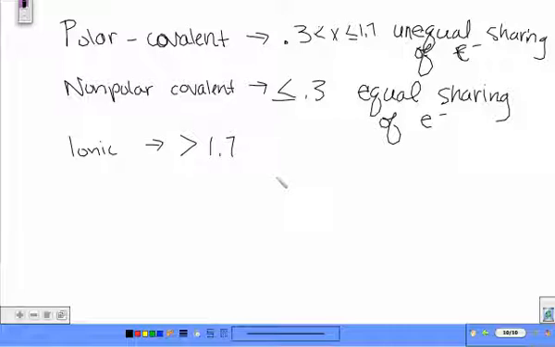And what does ionic mean? So you have a cation and an anion. So there has been a transfer of electrons from one atom to another.